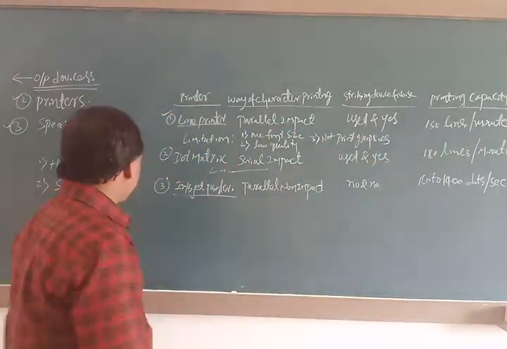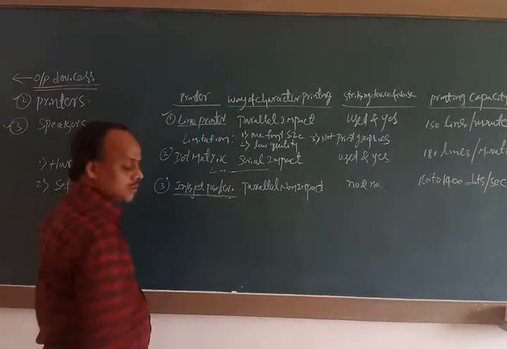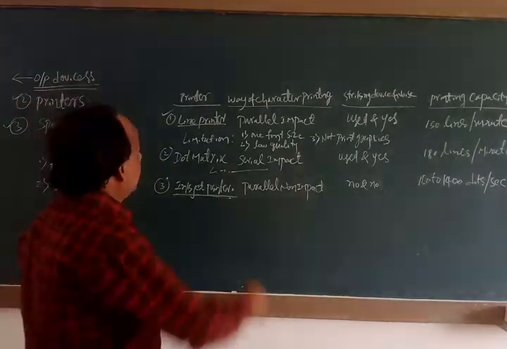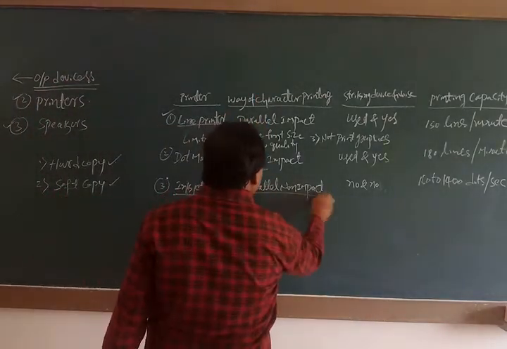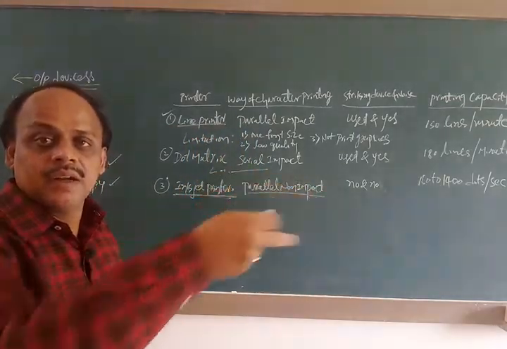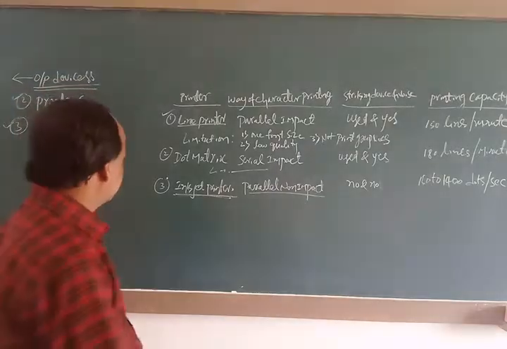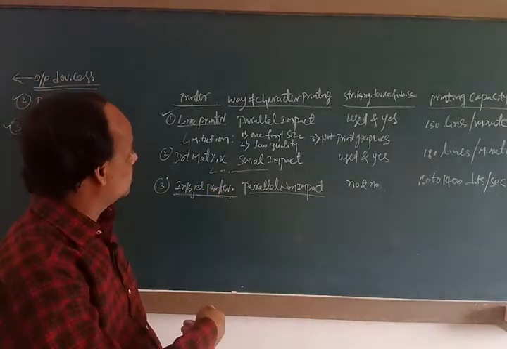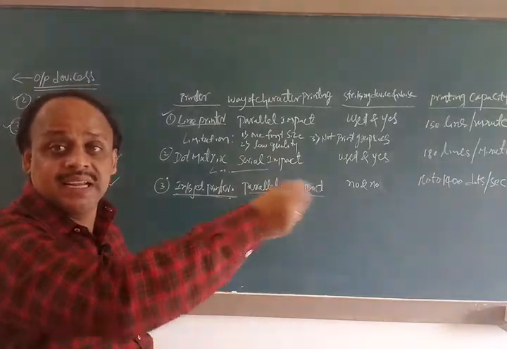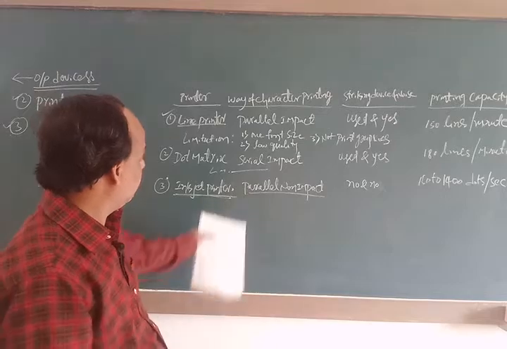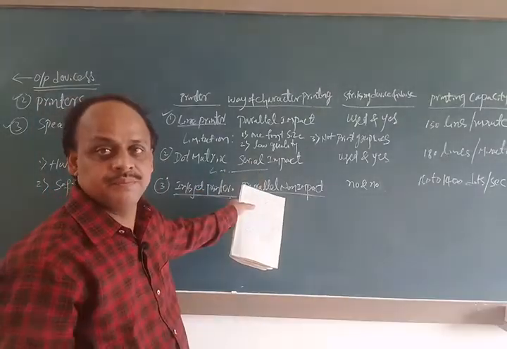See how this inkjet printer differs from the others: the way of character printing is parallel non-impact. Parallel non-impact means it is a type of non-impact printer, and characters are printed in parallel, meaning parallel lines are printed, not serially.